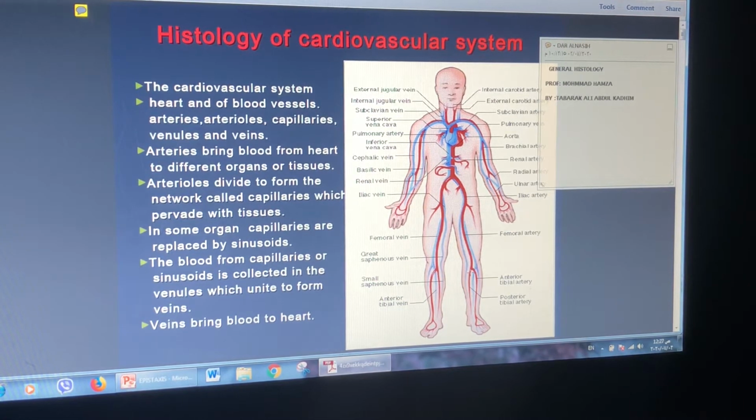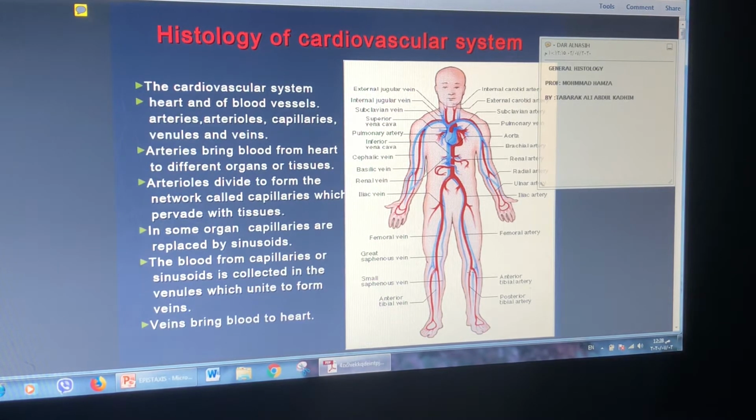The cardiovascular system consists of the heart and the blood vessels, which are arteries, arterioles, capillaries, venules, and veins. Arteries bring blood from the heart to different organs or tissues. Arterioles divide to form a network called capillaries, which pervade the tissue.